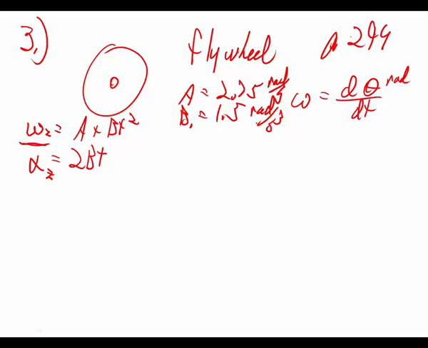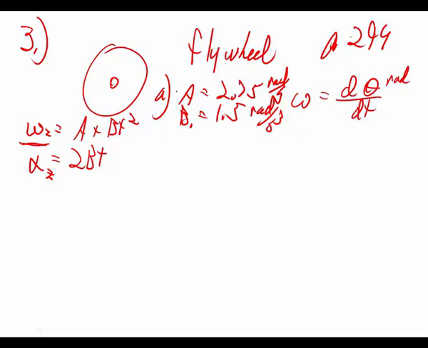So it's dimensionally correct. Everybody follow what I'm doing? If I were just to give you the time and plug it in, that's what the unit should be. So that's part A. You have to think, how do I get radians per second? What is angular velocity? Any questions on that?